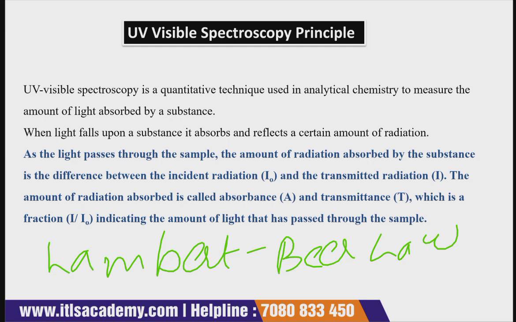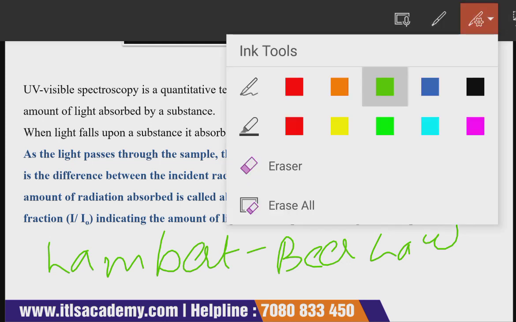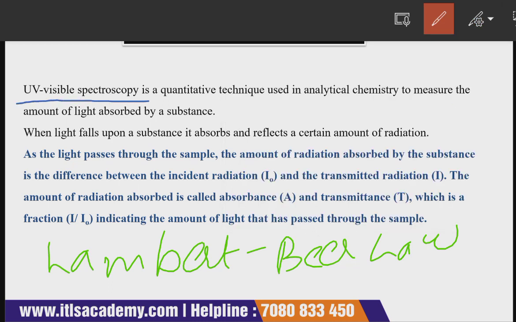UV visible spectroscopy is a quantitative technique that is used in analytical chemistry to measure the amount of light absorbed by substances. This point is very important: it is a quantitative technique because it is measuring the quantity of the analyte.